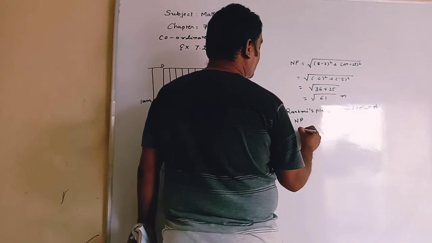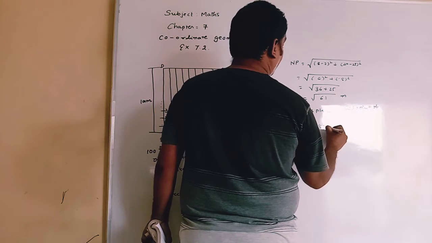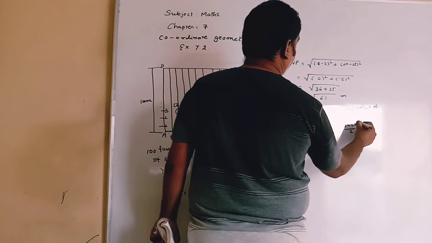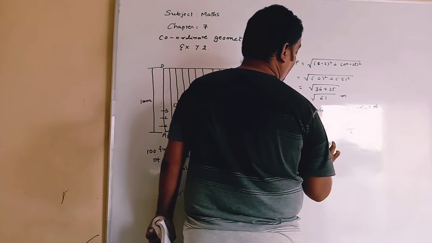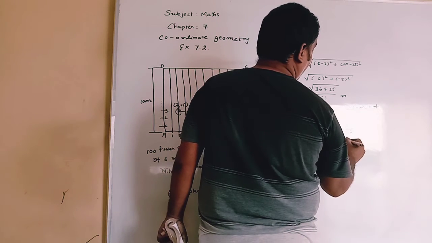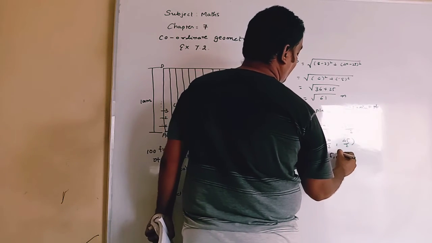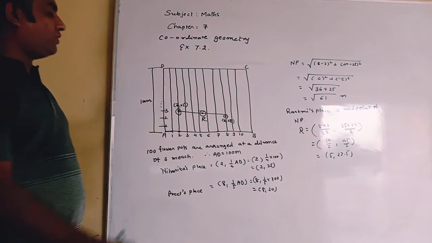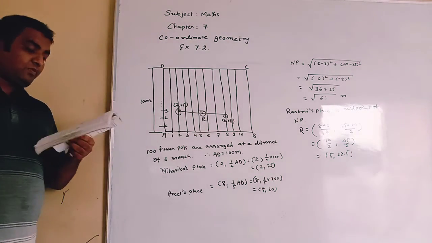So R equals (8 plus 2) by 2 and (25 plus 20) by 2. So it is 10 by 2 and 45 by 2, so it will be (5, 22.5). So Rashmi has to put the flag in the fifth line at 22.5 meter distance.